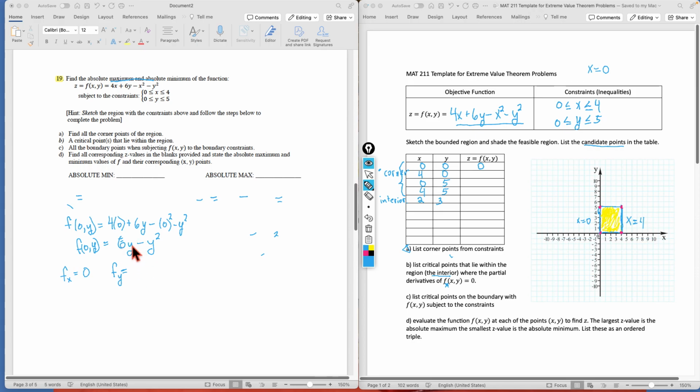Its partial would be, the derivative of y is 1, so that's 6. Derivative of y squared is going to be minus 2y to the first. And again, what we do is we set this equal to 0, kind of like what we did before, right? And add 2y to both sides. Divide both sides by 2. So you get 3 is what y is.